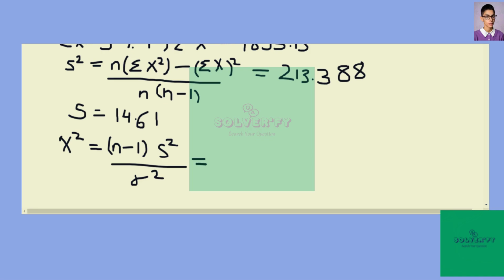So this will be equal to 12 multiplied by 14.61 square divided by 12 square. This is equal to 1.218.